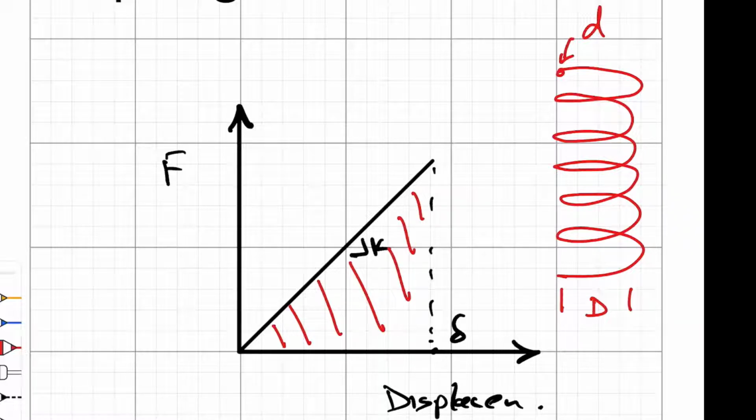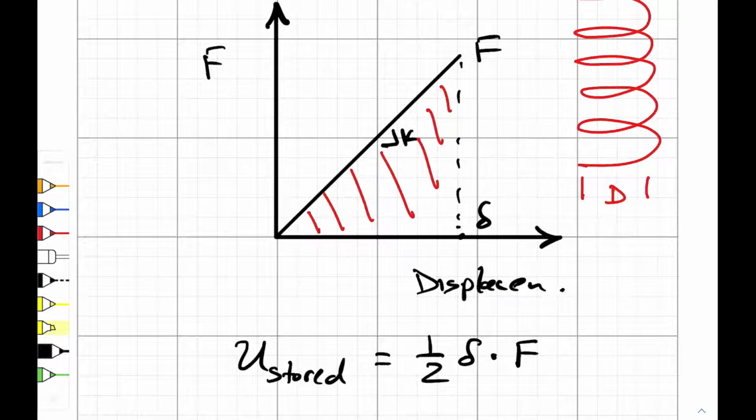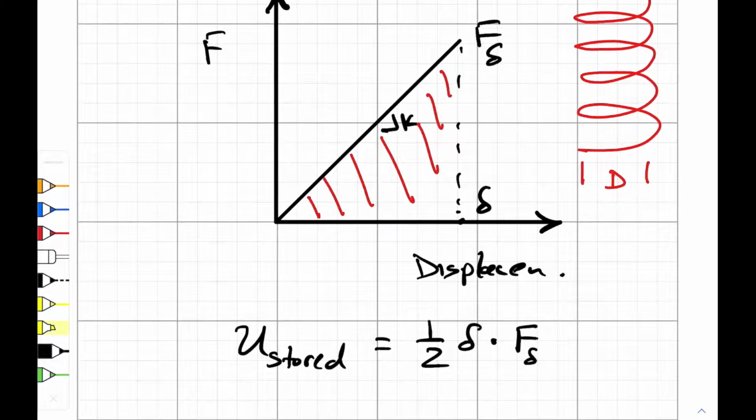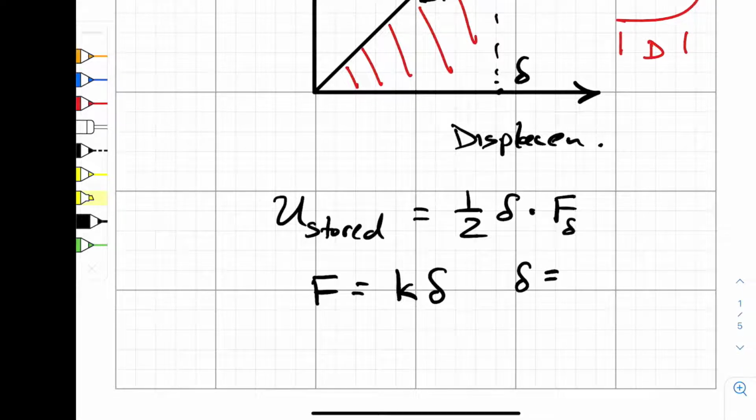And the magnitude of that energy, U, that is the stored elastic energy, is equal to 1/2 the base, that's delta, times the height, and that's going to be the force F that's associated with that delta. Well, we know for a linear spring that the force is related to that displacement delta, and so delta is simply going to be equal to F over k.